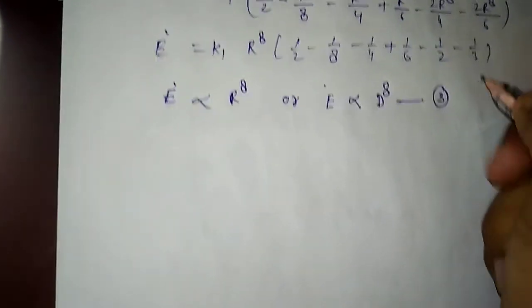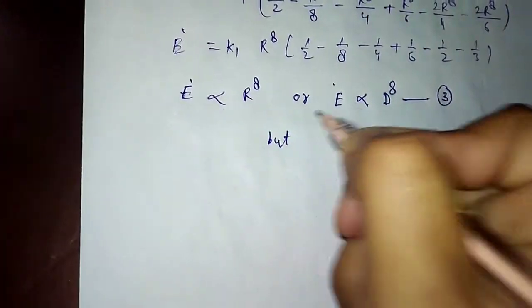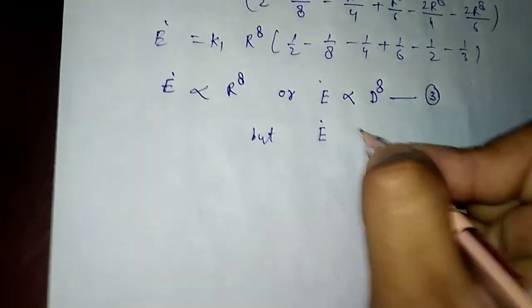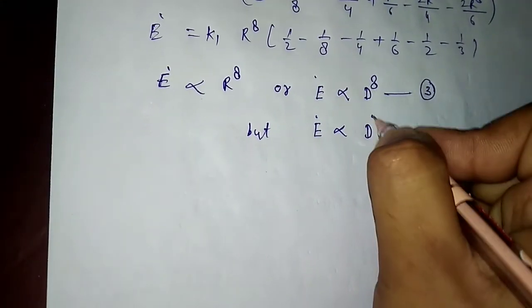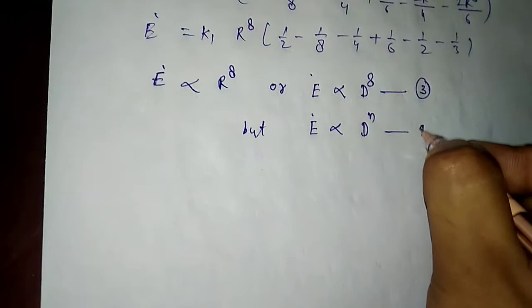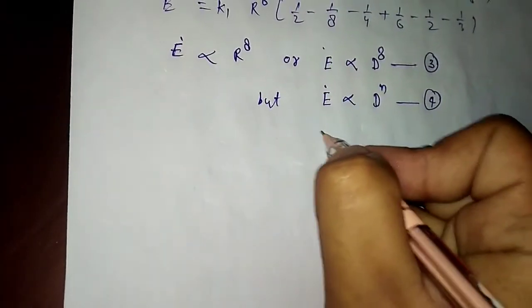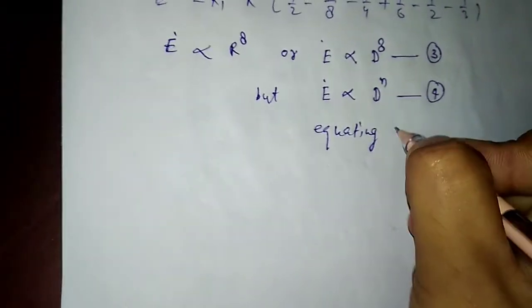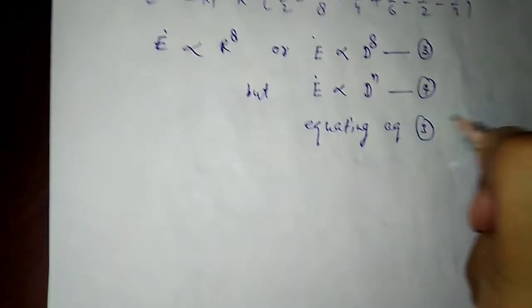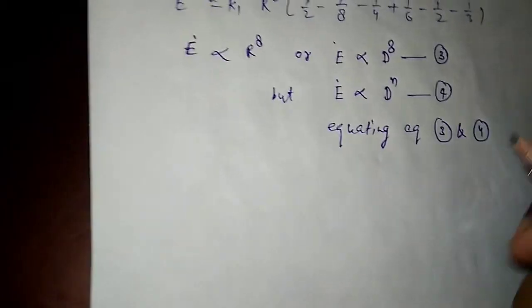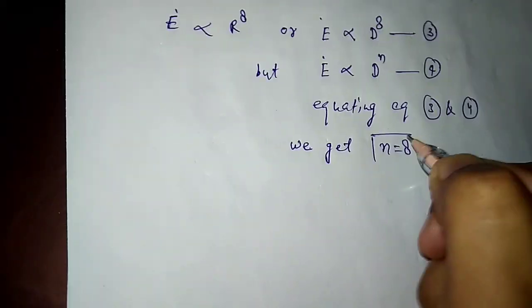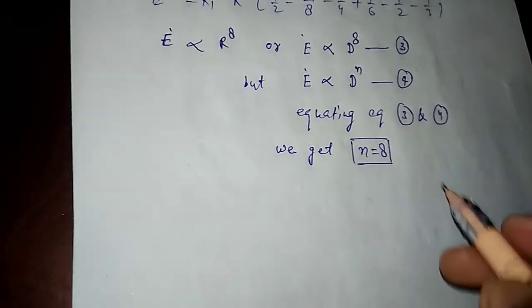But in the question it is given that the rate of kinetic energy is proportional to D to the power n, and this is equation fourth. Equating equation third and fourth, we get n equal to 8. So the answer is 8.